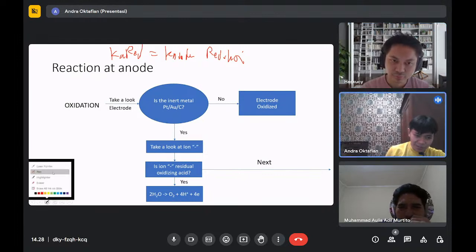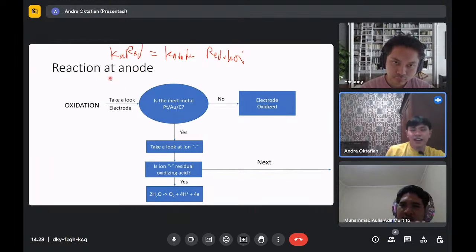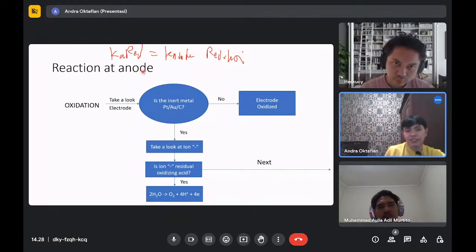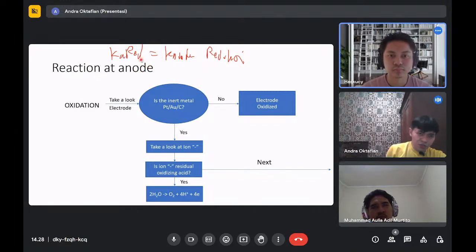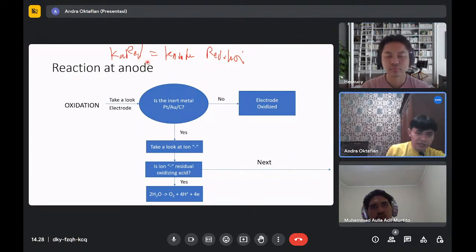So basically, the cathode and anode idea is relevant for both voltaic and electrolytic cells, differing based on the charge. Also, reduction and oxidation happen in the same way in both of these cells.